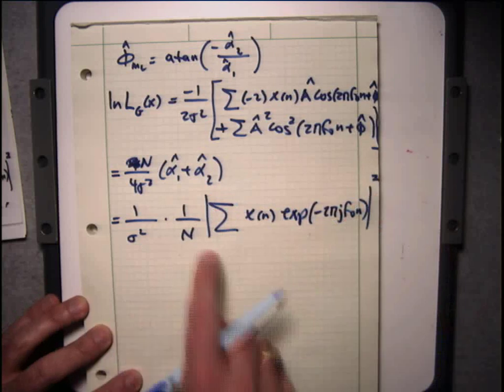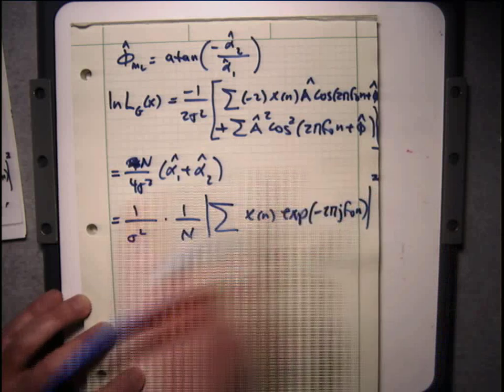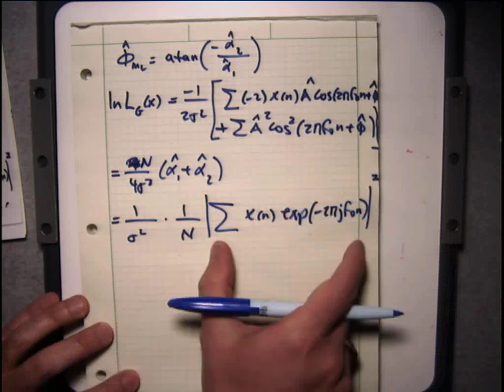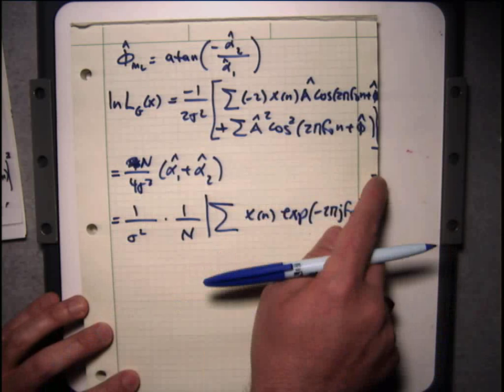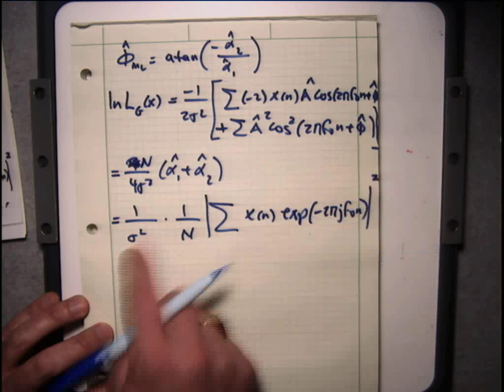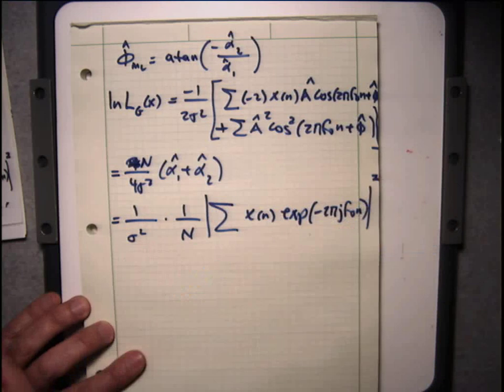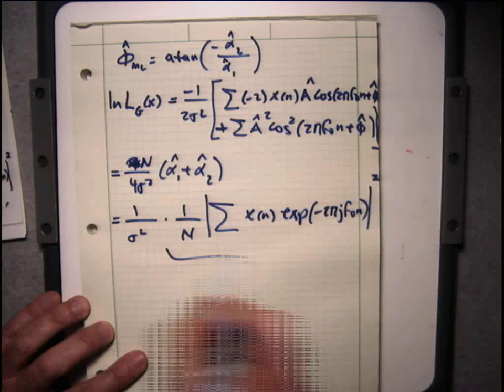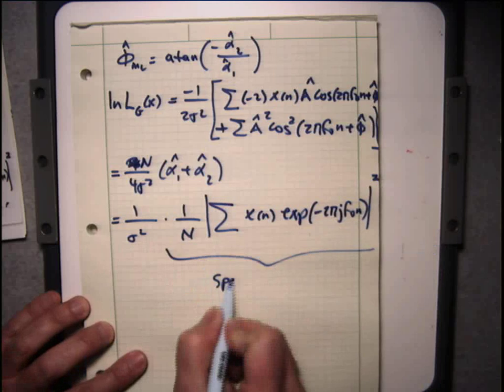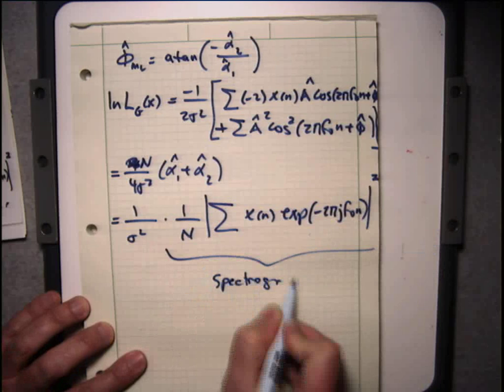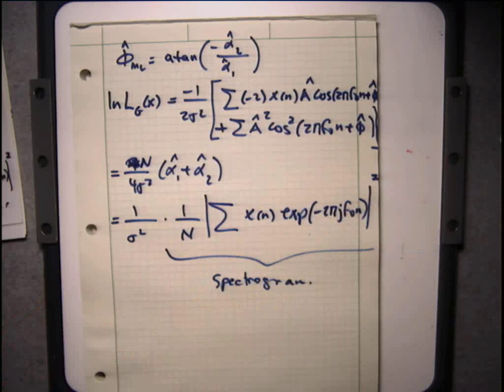Okay? Now, if you look at this, this is the magnitude squared of the Fourier transform normalized by the variance of the noise. So this basically is the spectrogram. This is the magnitude squared of the Fourier transform.